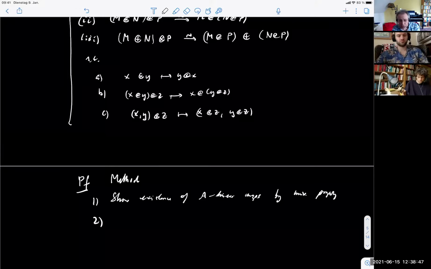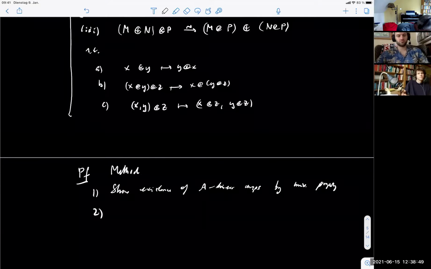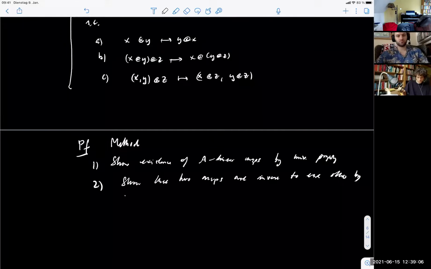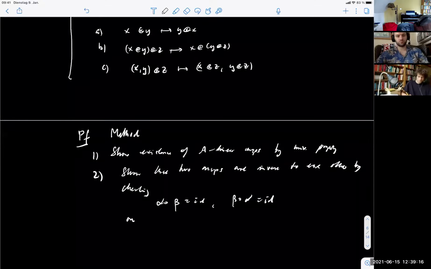And then we show these two maps are inverse to each other, by checking this on the generators. So that's the method. Always like that.